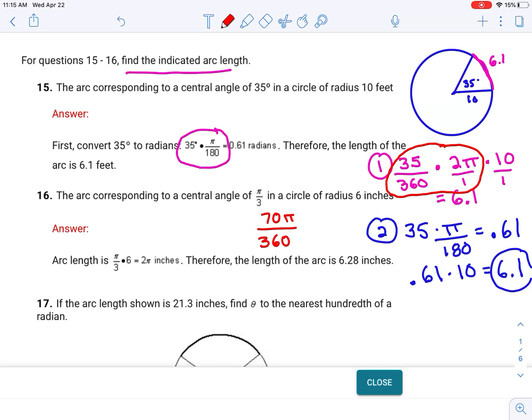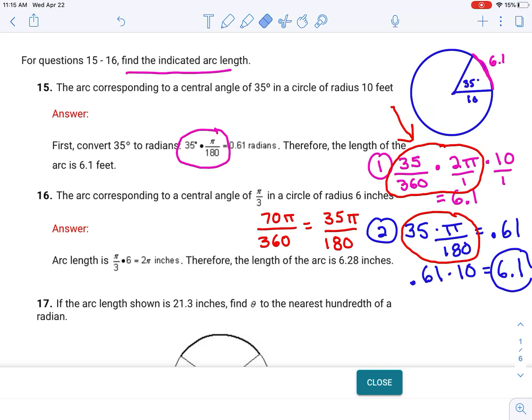Now, if I were to cut both of those in half, I would have 35 pi over 180, and that should look very familiar, okay? That's our 0.61, okay? So even though we're doing it in degrees, this part is representative of the radians, and that's important to know, okay?